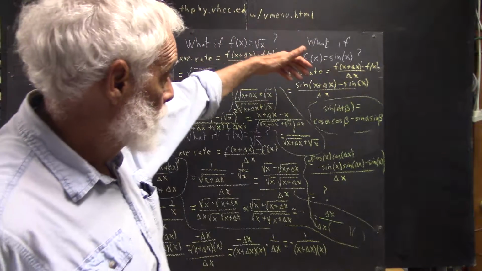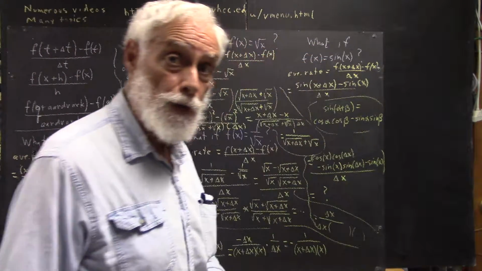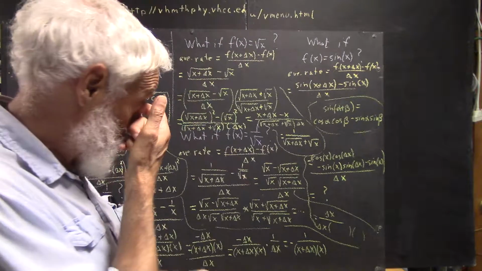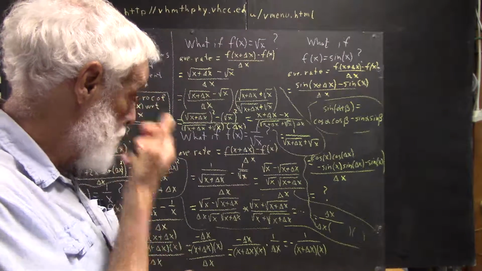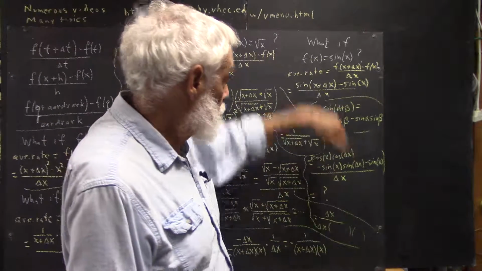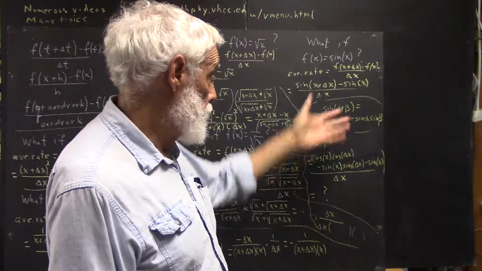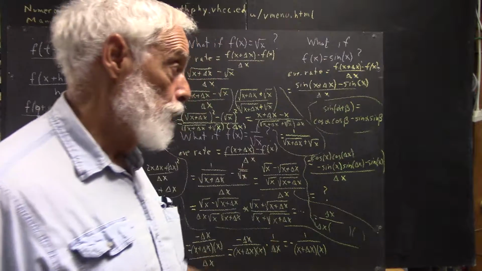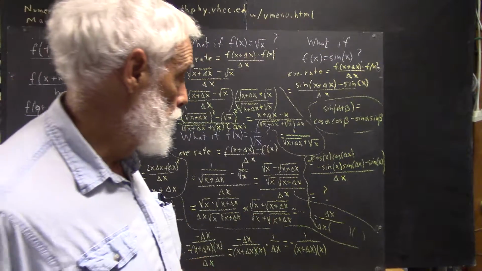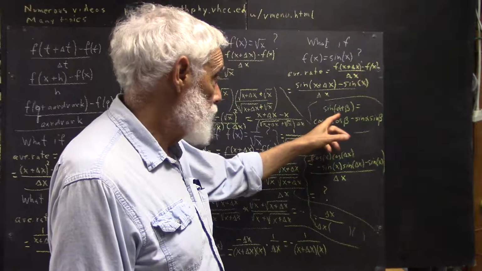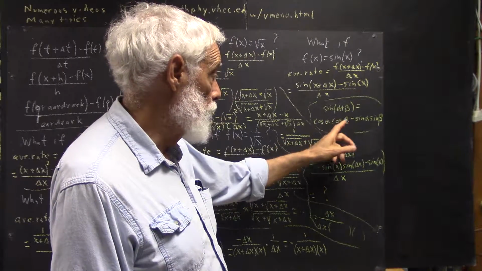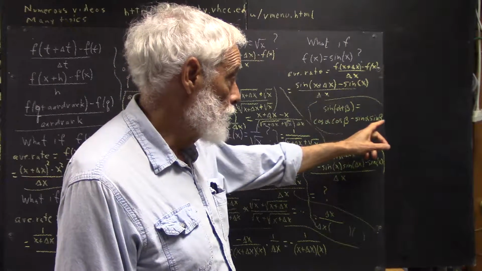Okay, what about the sine of x plus delta x over delta x? I'll give you a hint, see if you can write this out before you see it again. We can use the sine of alpha plus beta formula, which is easily enough derived if you use Euler's identity, a little harder if you try to do it with triangles. But sine of alpha plus beta is sine alpha cosine beta plus cosine alpha sine beta.